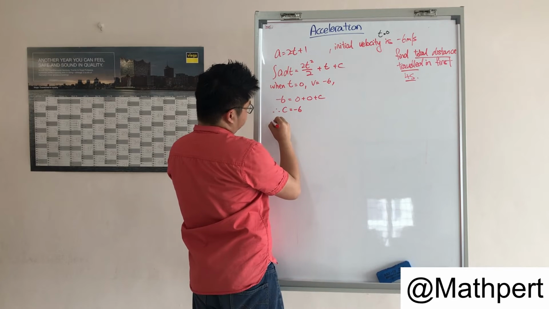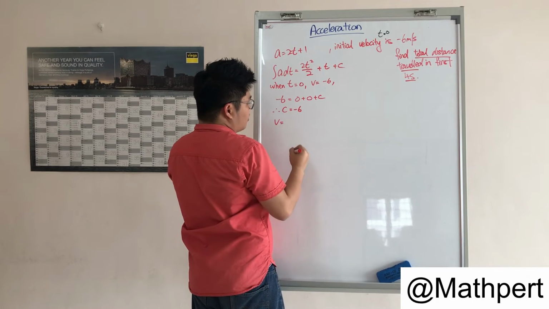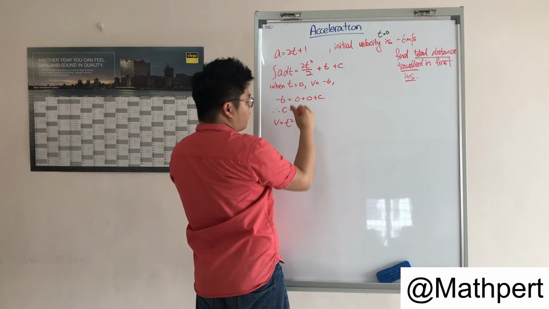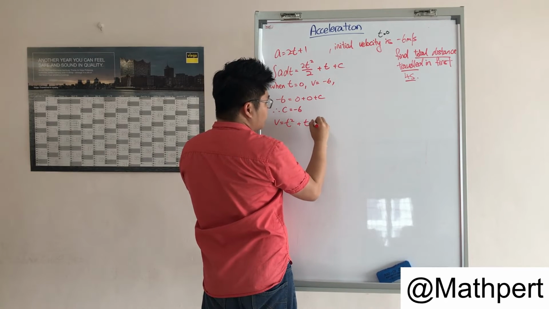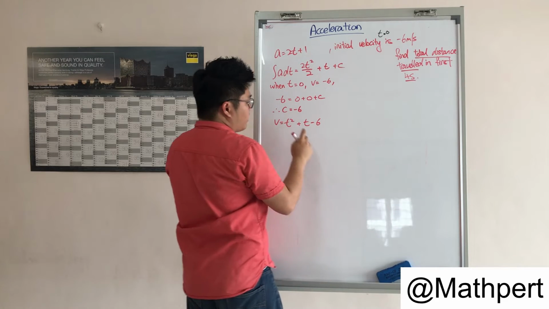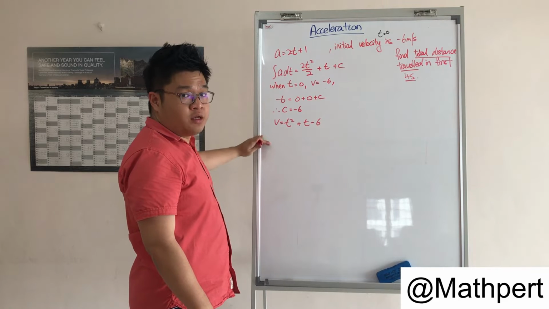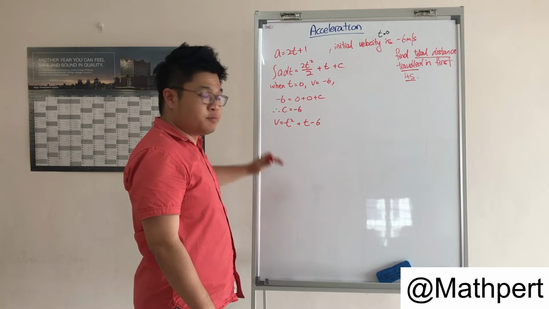Then we can say that v = t² (the 2 and 2 cancel off) + t - 6. Then we further integrate this v to get s, the displacement.